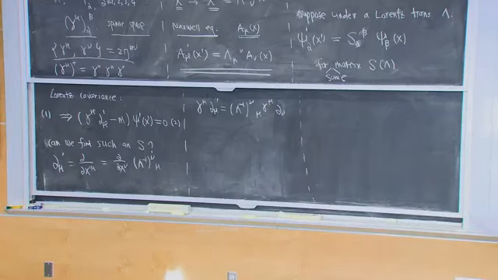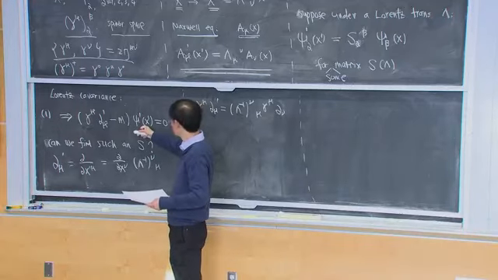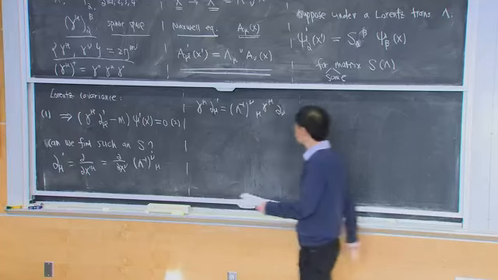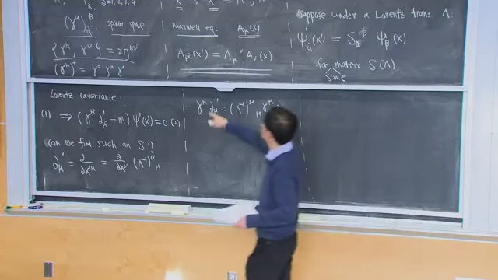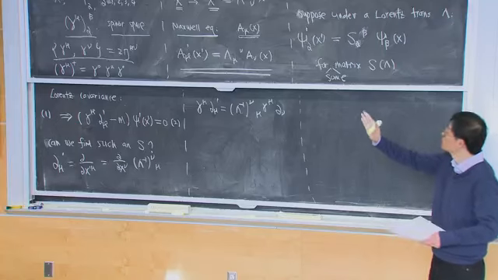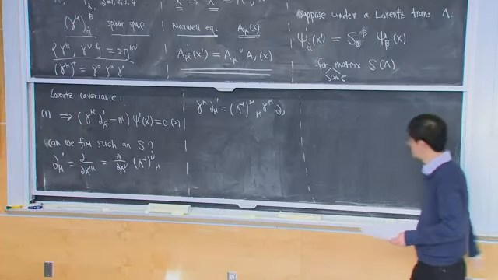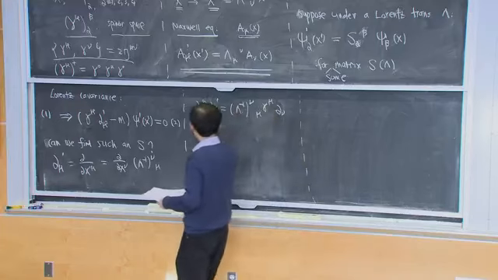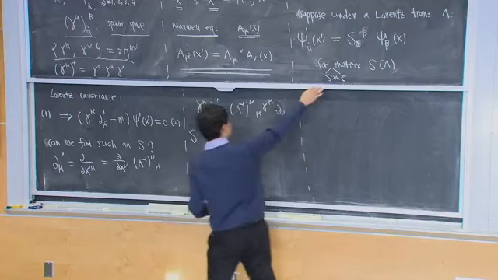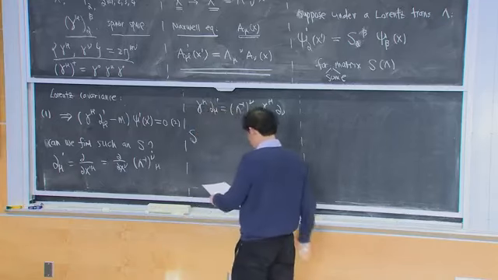With this preparation, we can try to see whether we can find S from equation 1. What we can do is multiply equation 1 from the left by S. Again, I always suppress the spinor indices and just write in matrix form.